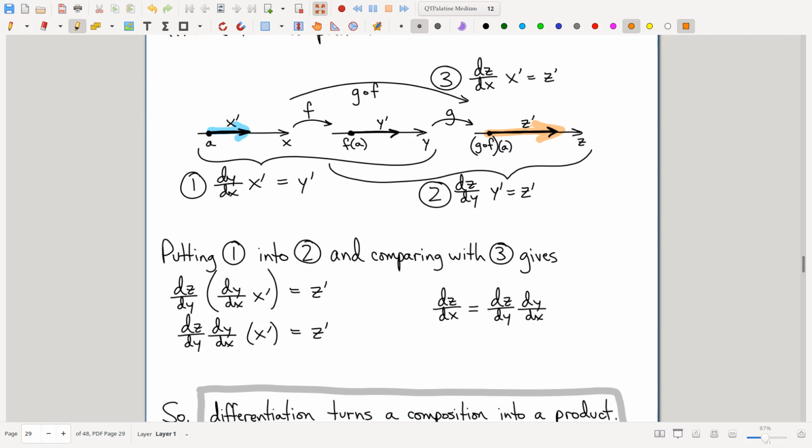Silly example. If I give you a number and I tell you to multiply it by 2, and then I tell you to multiply that result by 3, altogether, you've multiplied by 2 times 3. Factors multiply. So that's really what's going on here.